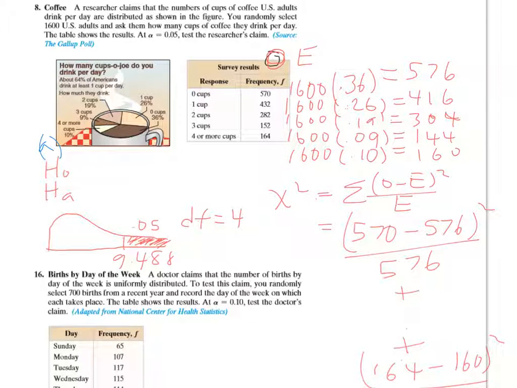This is part A, our hypotheses, part B, our critical region, part C, our test statistic, and now I'm ready for part D, which is going to be fail to reject H0. And because I'm failing to reject H0, and H0 is the claim, I do not have enough evidence to reject the claim that the percentage of coffee drinkers are as specified in that distribution.